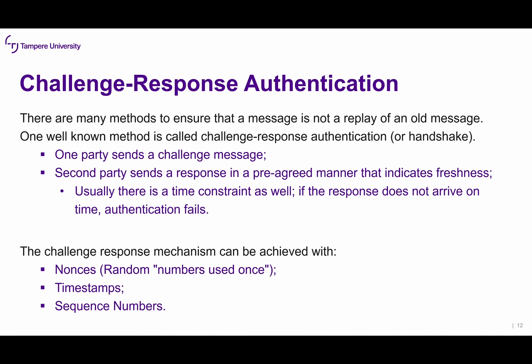Then I have to reply to your message, and you expect that I would send you n plus 2, and so on and so forth. And this is also what we mean here by a pre-agreed manner: sending a response in a pre-agreed manner that indicates freshness.